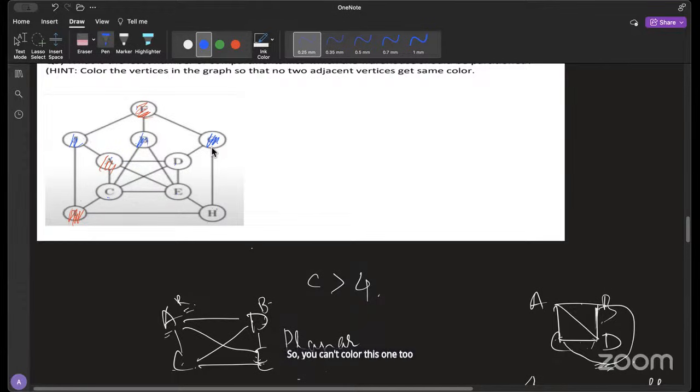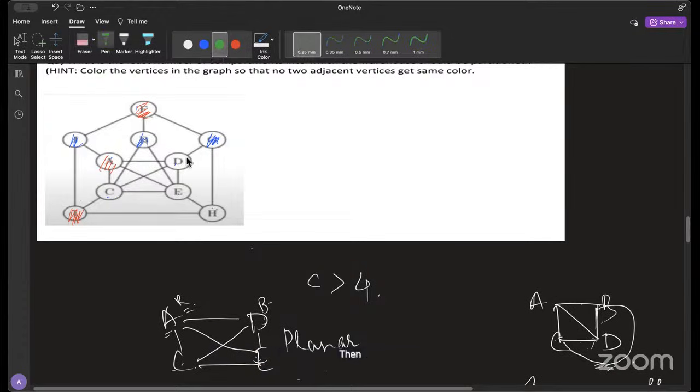So if you're coloring these 3, then you can't color any other. This you can't color. This with this you can color blue, right? No, ma'am, this is also connected to B. This is also connected to B. These two are connected to B. This is connected to this. Okay, so that's it. Blue you can't use anywhere else.